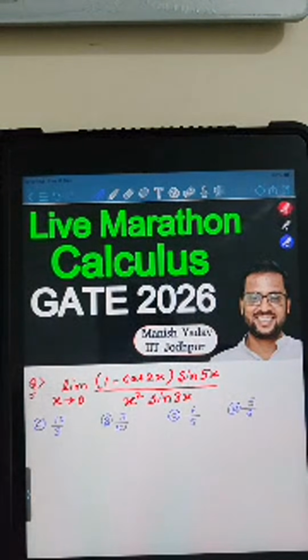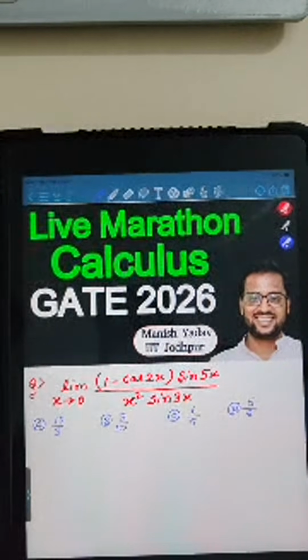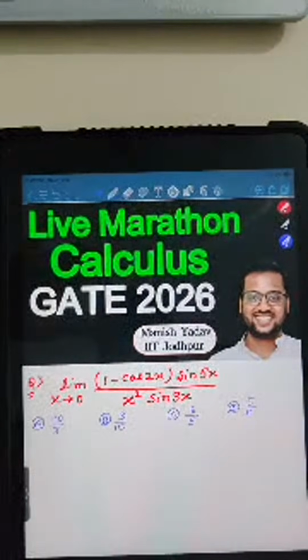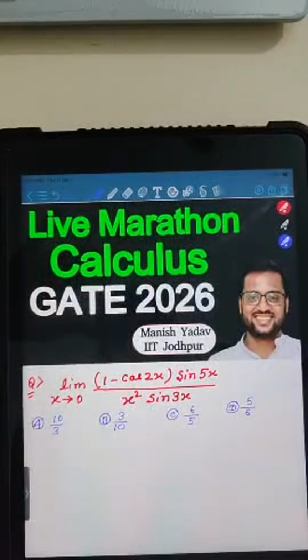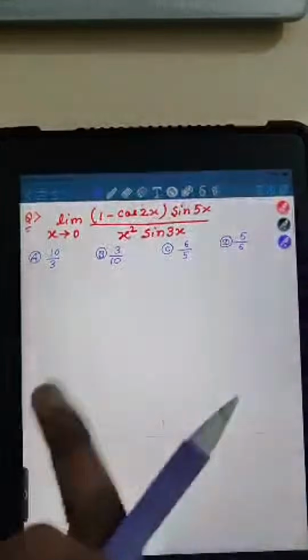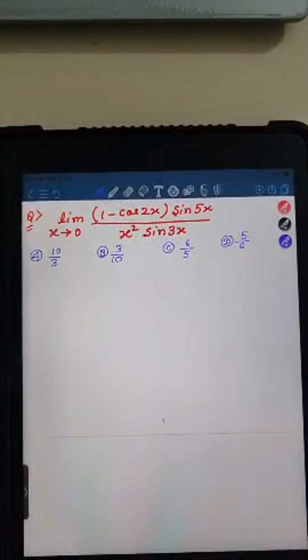This session will be very interesting because calculus is frequently asked in your GATE paper, whatever branch you belong to. So let's discuss our first question, which is based on limits.